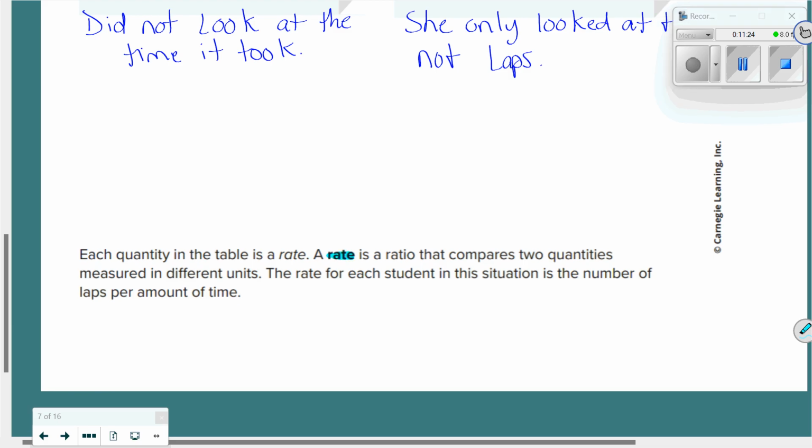A rate is a special ratio that compares two quantities measured in different units. The whole key in a rate is I've got different units. In other words, the most important part of a rate is writing down the units, because that's what tells me I've got a rate. It's comparing two different units. In this situation, it was number of laps and the amount of time.